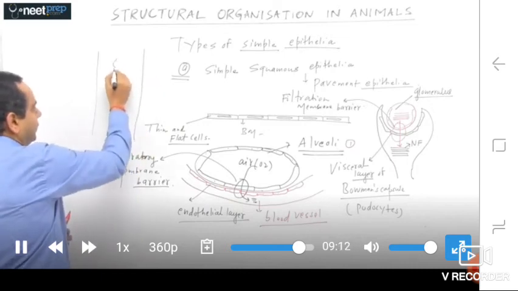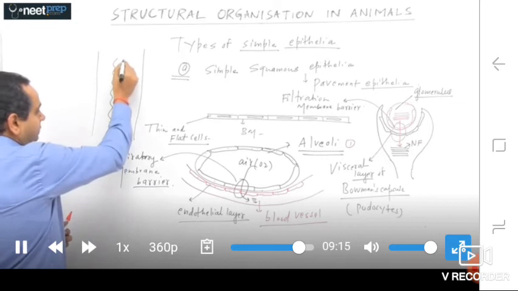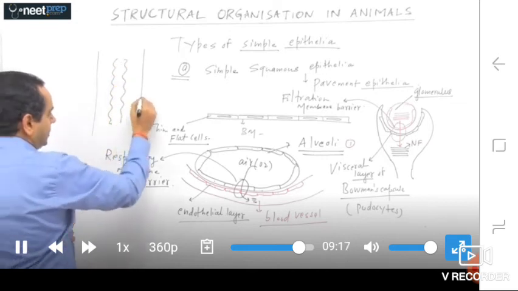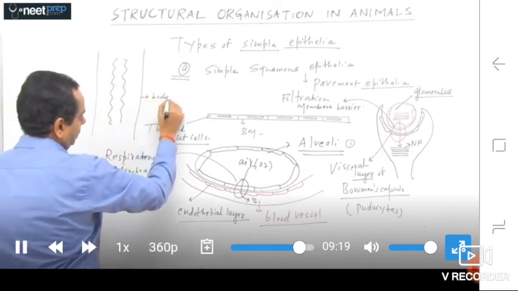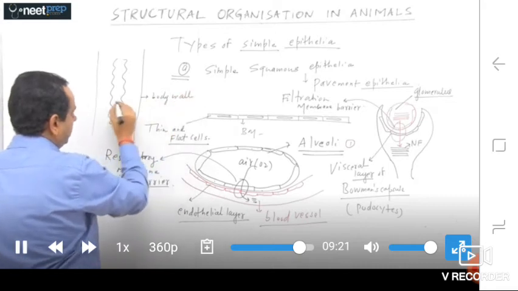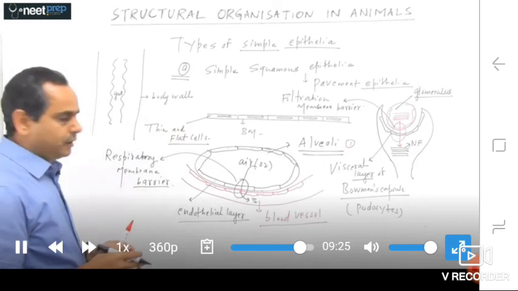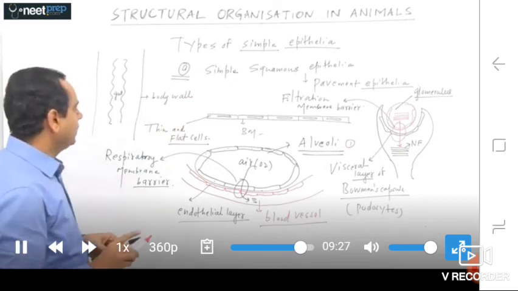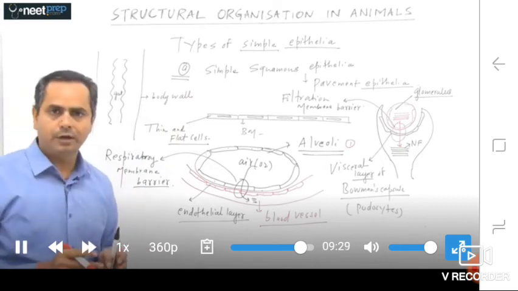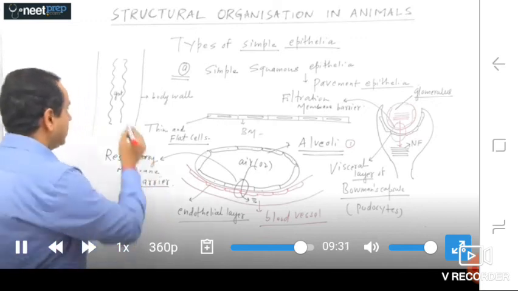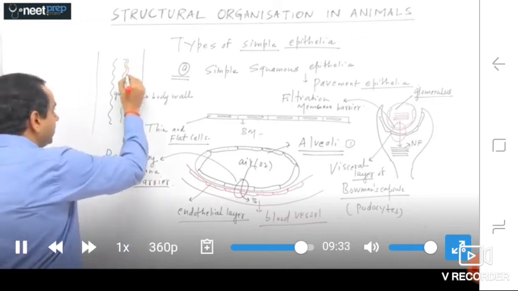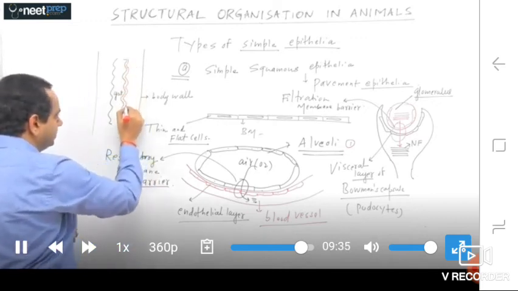and one more is, if we talk about the coelom, you know what is coelom? This is our body wall and this is our gut or the cavity of the alimentary canal. The space between the gut wall and the body wall is the part of coelom, and that coelom is lined with the peritoneum.